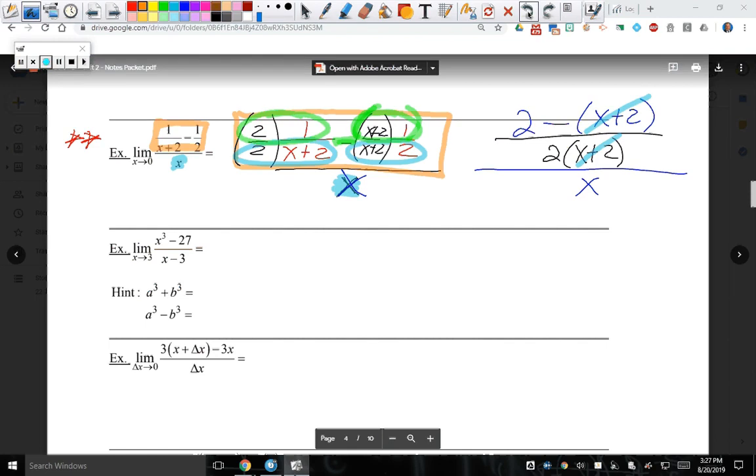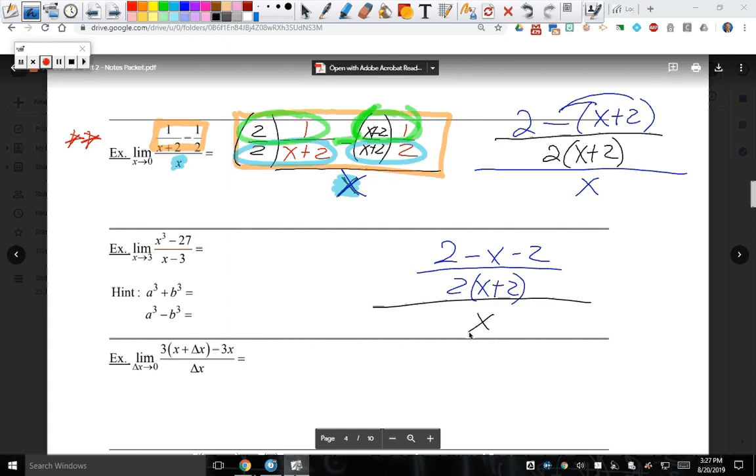That's another thing that haunts people, is that they cancel at inappropriate times. So what am I going to do? I'm going to distribute this negative on both of them. So it'll become 2 minus x minus 2 over 2x plus 2 all over x. I told you, it's going to look ugly before it looks pretty.